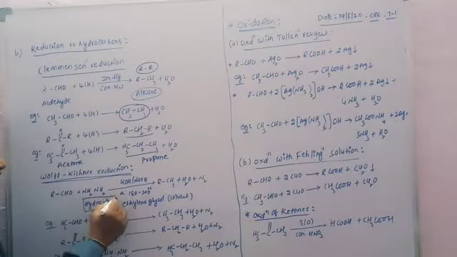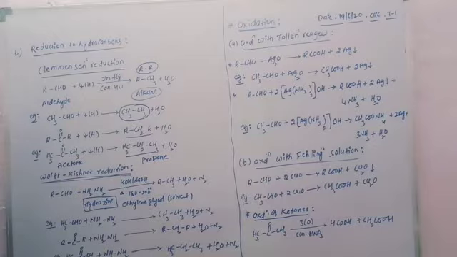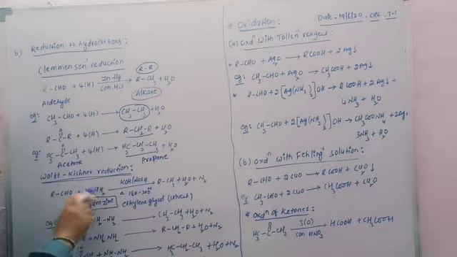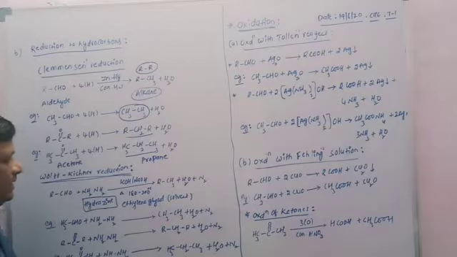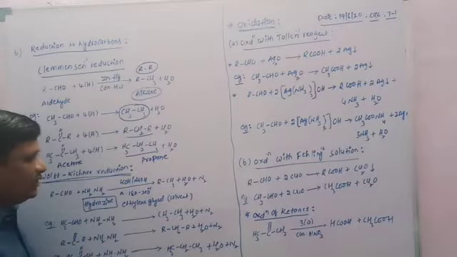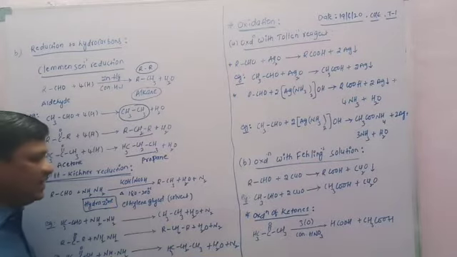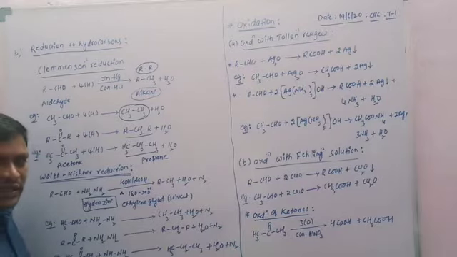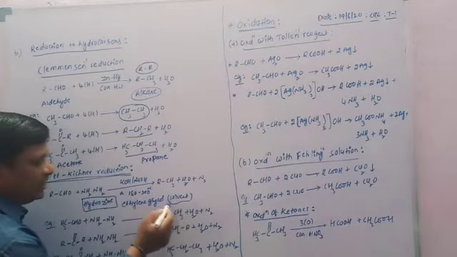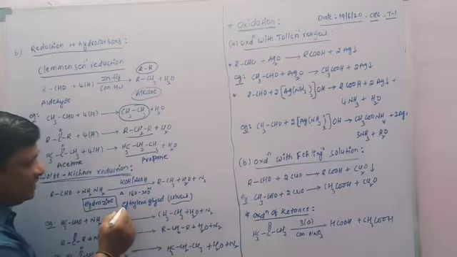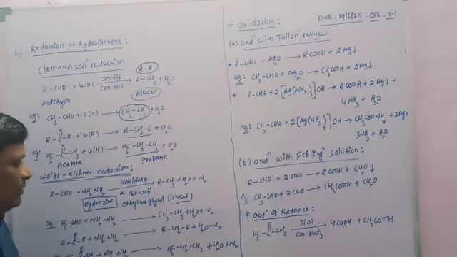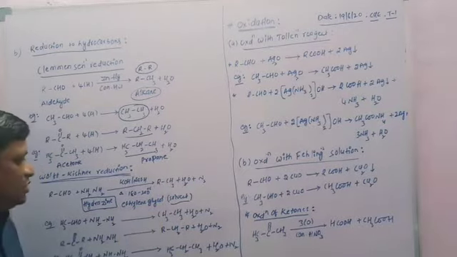Aldehydes or ketones are reduced with hydrazine in the presence of strong alkalis like potassium hydroxide or sodium hydroxide, on strong heating at 180 to 200 degrees centigrade, in a suitable solvent. In this reaction, the suitable solvent is ethylene glycol.